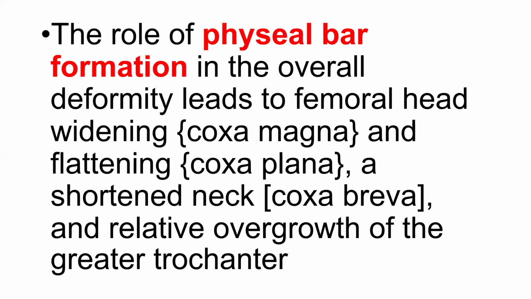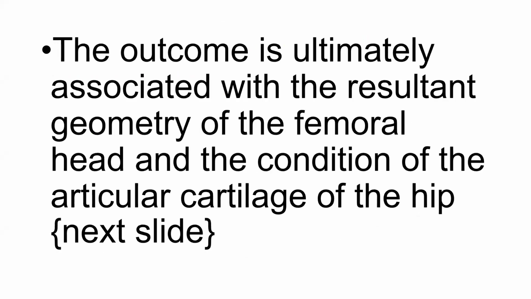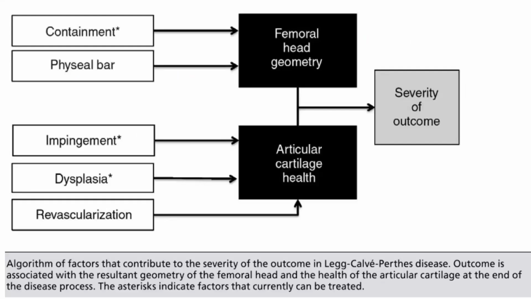The outcome is ultimately associated with the resultant geometry of the femoral head and the condition of the articular cartilage of the hip. So, over here, if you have containment, you have nearly normal, you have normal head geometry.